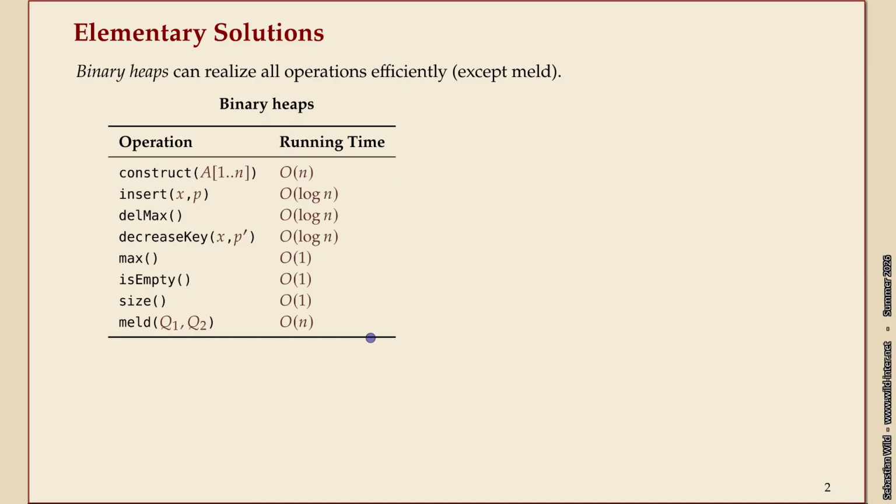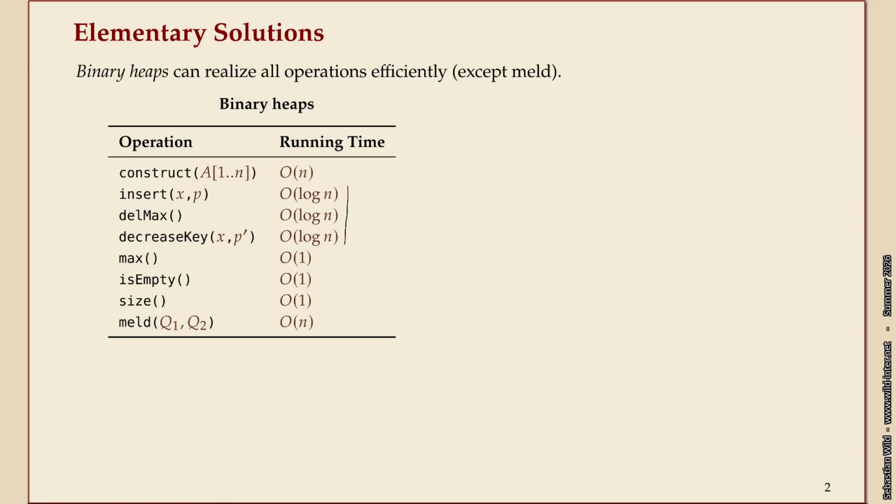And they can do these operations in these times. I've included meld, but this is essentially rebuilt from scratch. Binary heaps cannot really do meld in any sensible way. And you can even think about the way they are structured. There's no way to do it much better. At least you have to move a lot of data around. But at least they get the key operations in logarithmic time.